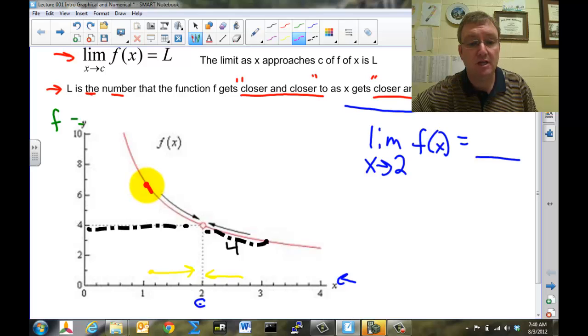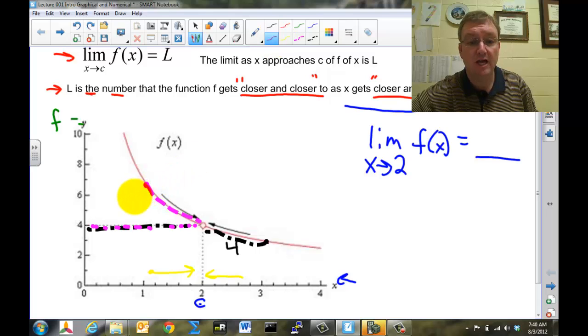So we're going to stay right here, and we're going to come down, and we're moving towards a point. Again, it looks like we're moving towards this open circle, doesn't it? Since we're moving towards this circle, where is that circle at? If we look over to the left, we see that it's getting closer and closer to 4.